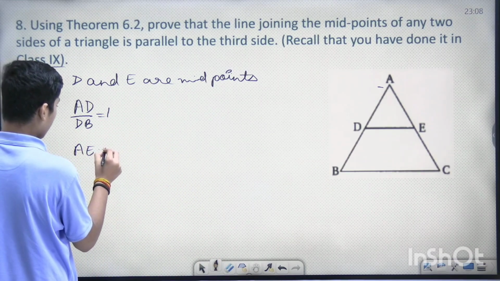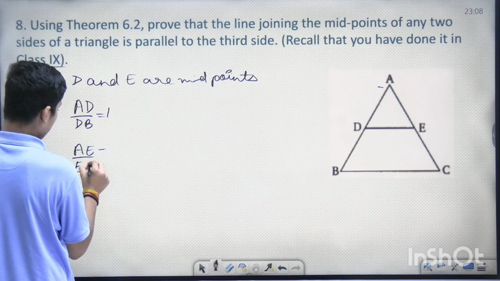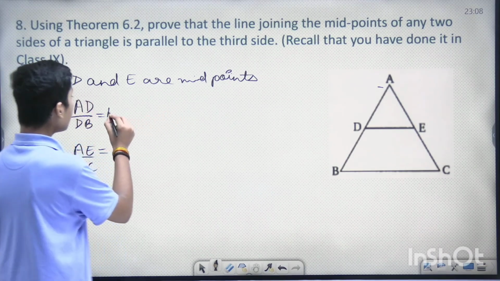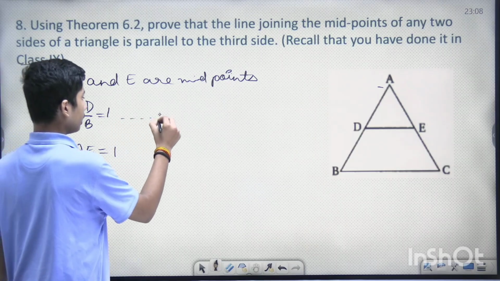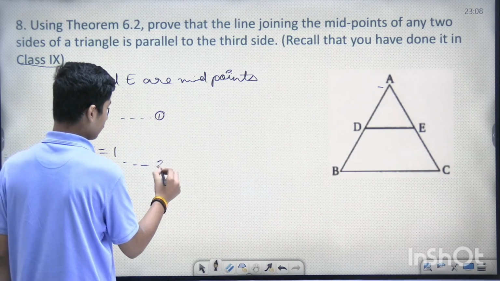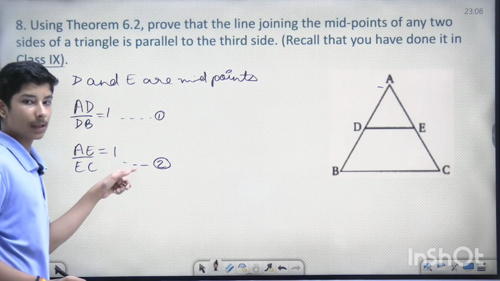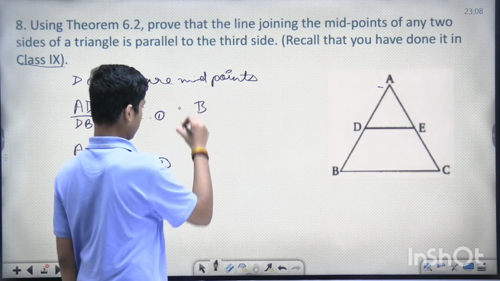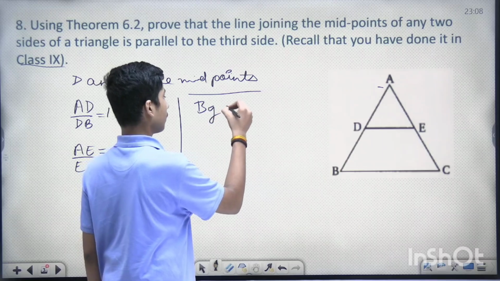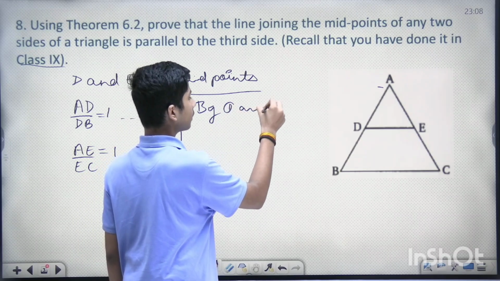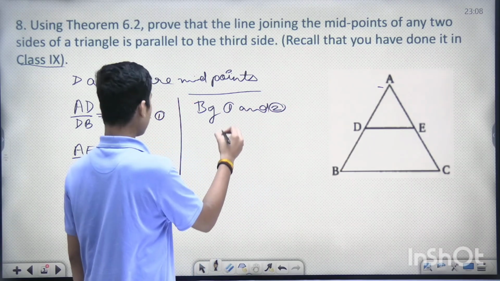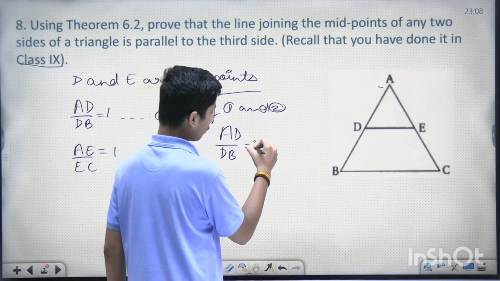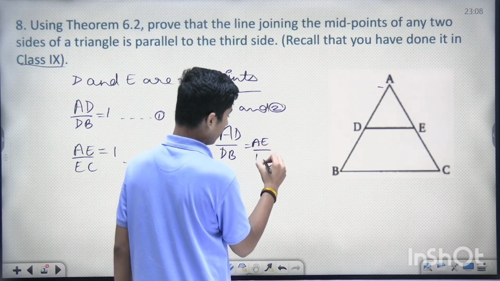So 1 equal to 1. This is equation 1, this is equation 2. Since the RHS is equal, the LHS will also be equal. By 1 and 2, we can say AD upon DB equal to AE upon EC.